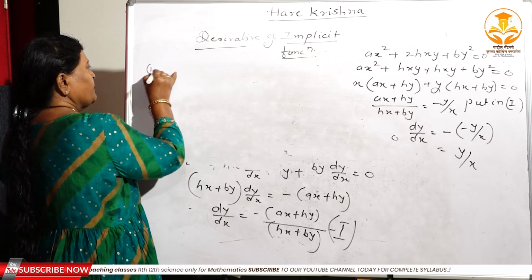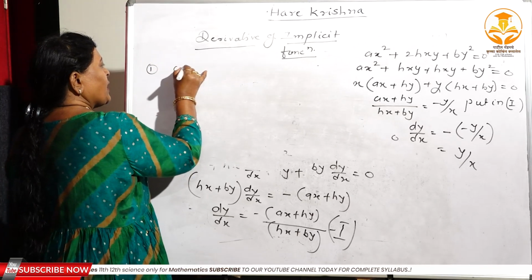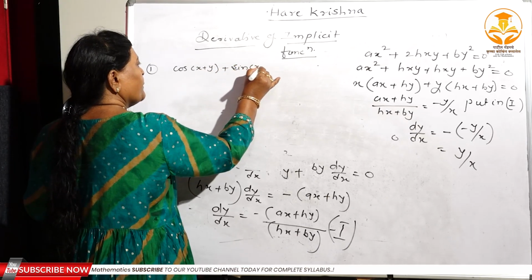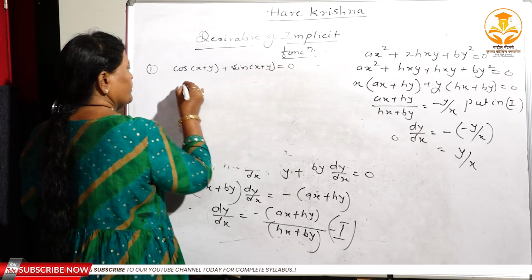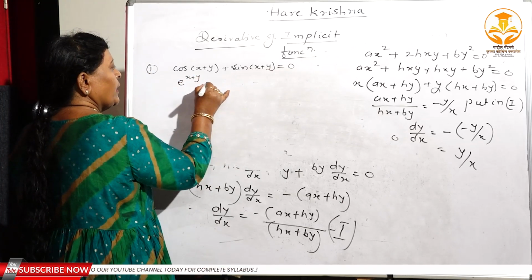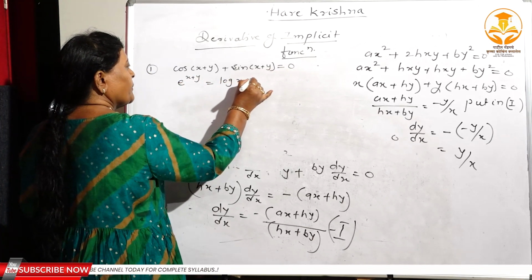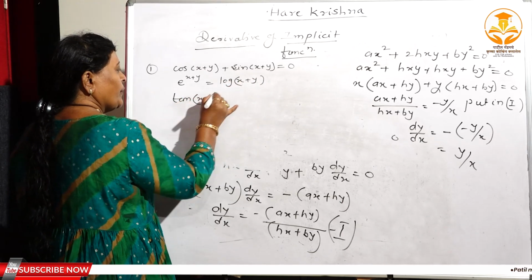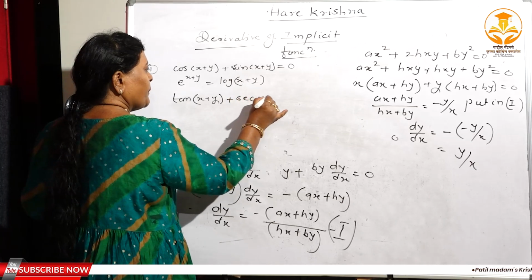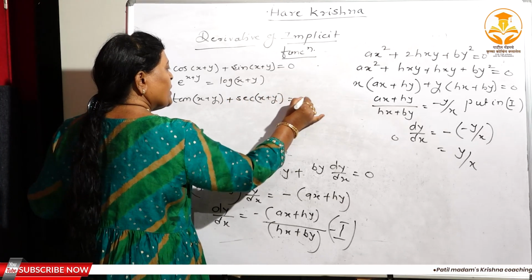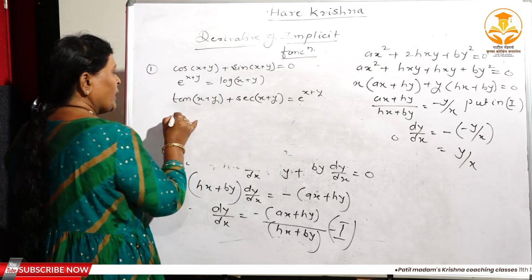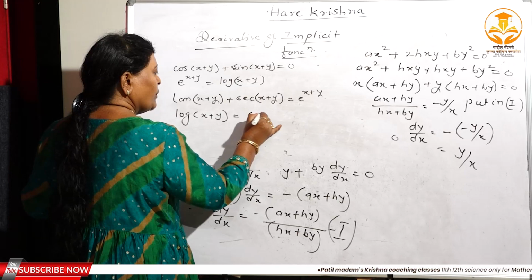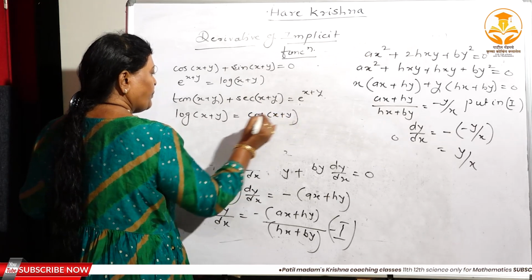The first bunch I will give: cos of x plus y, sin of x plus y is equal to 0, e raised to x plus y is equal to log of x plus y, tan of x plus y, sec of x plus y is equal to e raised to x plus y. Again, log of x plus y is equal to cos of x plus y, isn't it?